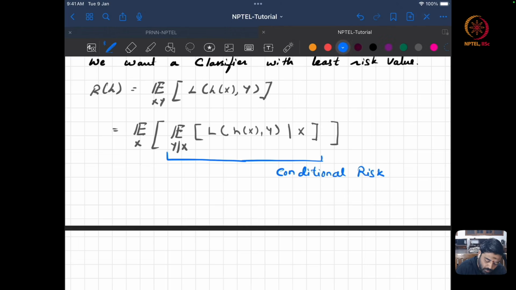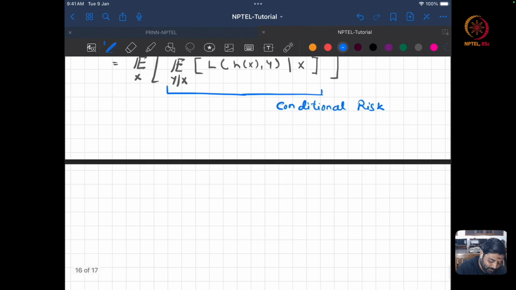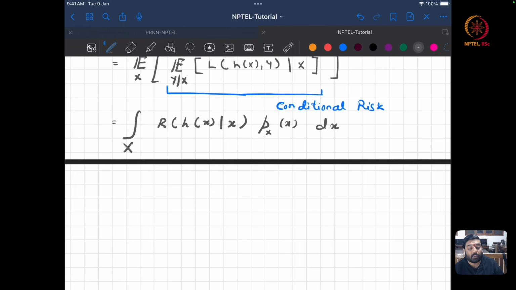Now this you can easily expand. This is over X, and I can come up with the conditional risk given X, and then Px of X dx. So fine. Now let's try to understand this conditional risk in a comprehensive manner.